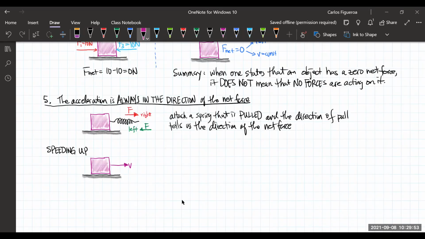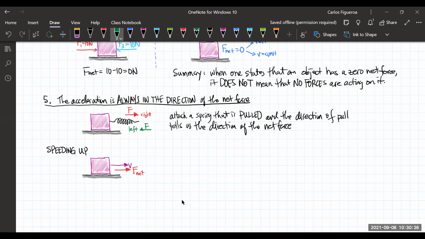Now, what am I going to do here? Think about that spring. Look at that spring. If I want to make this car go faster, which direction do I have to pull that spring? We see here that I have to pull to the right. So my net force is to the right.